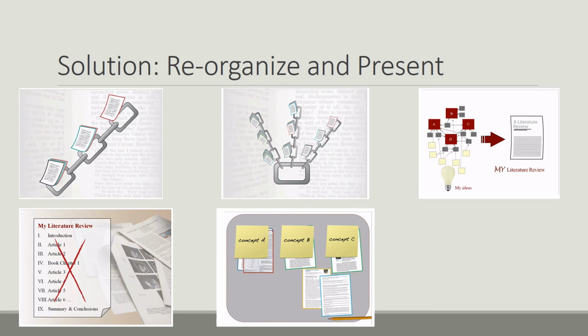To make this concept-based organization, what you really need to do is to identify your concepts. To start out with, maybe you need to define the major terms, and that's your first concept. And then, in a generic essay, you might have the advantages and then the challenges. So say A is the definition, and any of the sources that you find that deal with the definition, you'll put under concept A. Concept B are the ideas connected to the advantages of whatever your topic is, and C is the challenges.